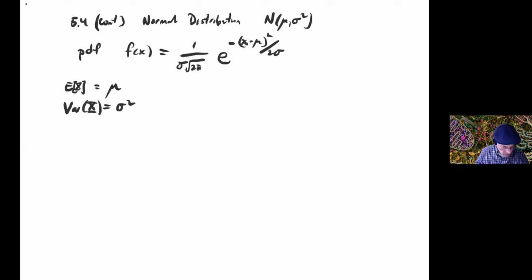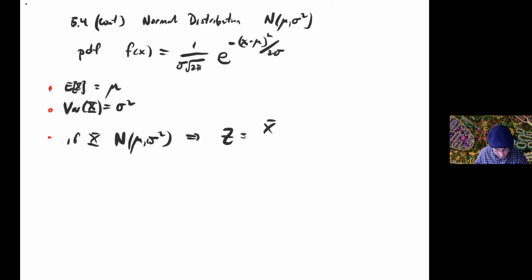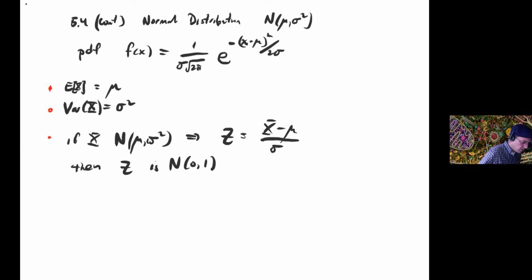And there's another thing we also learned last time. We also learned that if X is N of mu sigma squared, then I can form a new random variable Z, which is X minus mu divided by sigma. Then Z is normal, and it's of type N(0, 1). So its mean is 0, its variance is 1.